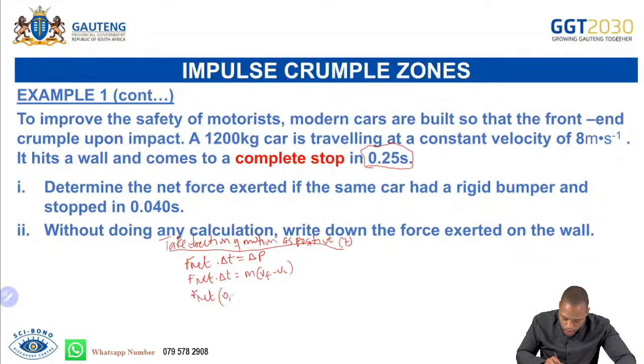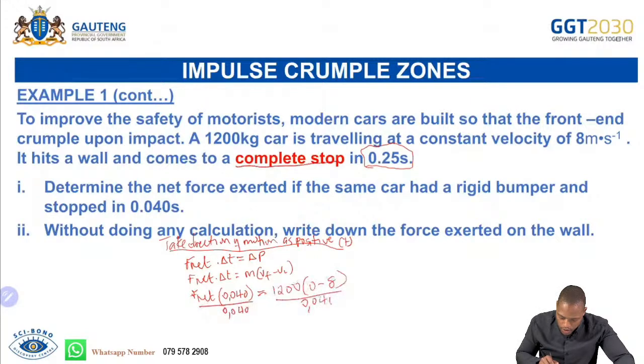It takes less time to come to a stop. We will see if that is safe. The mass of the car was 1,200, a final velocity of 0 since it comes to a complete stop, and an initial velocity of 8 meters per second. Now we divide by 0.040.